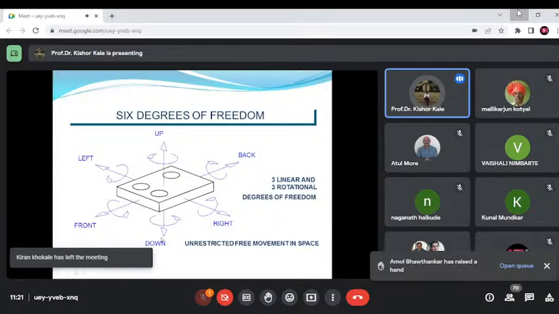Generally, the contact type of coordinate measuring machine looks like this. This is called the bridge type because it looks like a bridge. It is capable of moving in the X direction, the Y direction, and the Z direction.